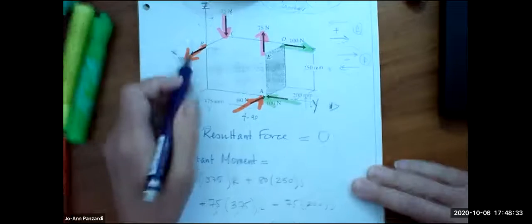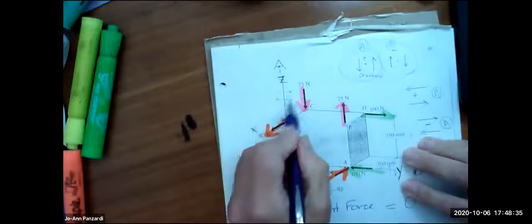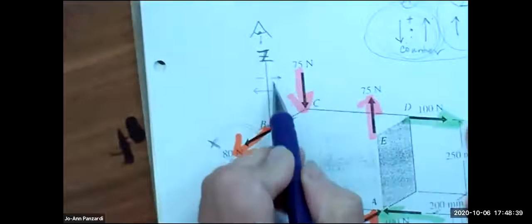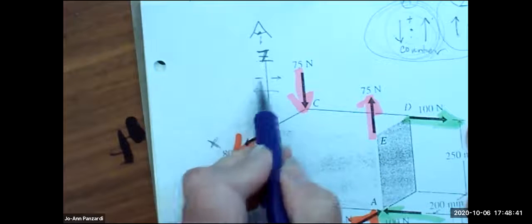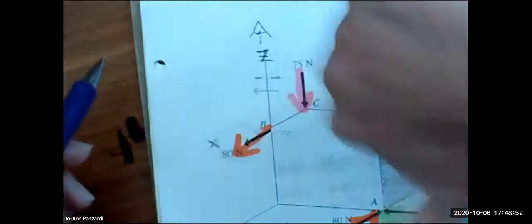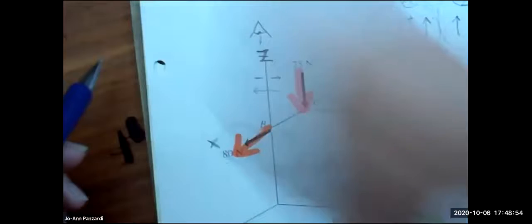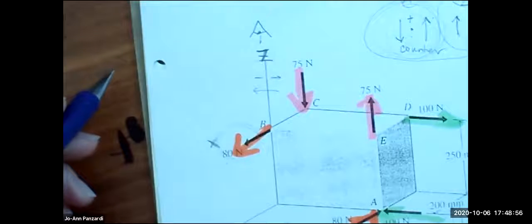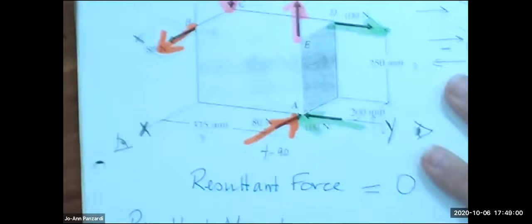In order for it to spin around the z-axis like that, my thumb is pointing down. Okay, so it's negative.